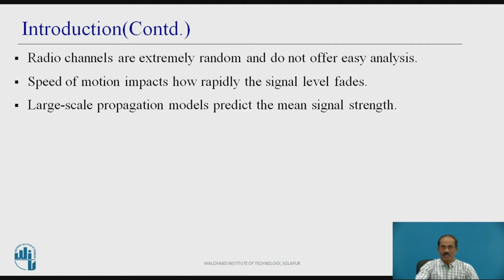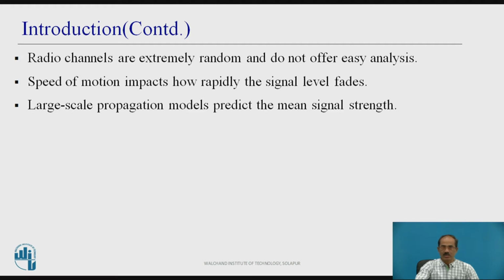Unlike wired channels that are stationary and predictable, radio channels are extremely random and do not offer easy analysis. Even the speed of motion impacts how rapidly the signal level fades as a mobile terminal moves in space.